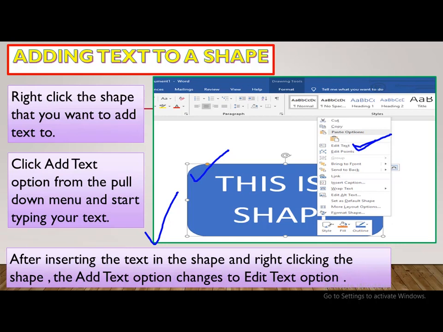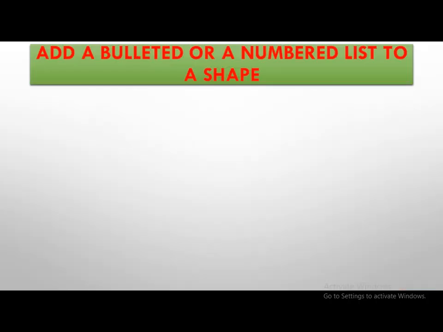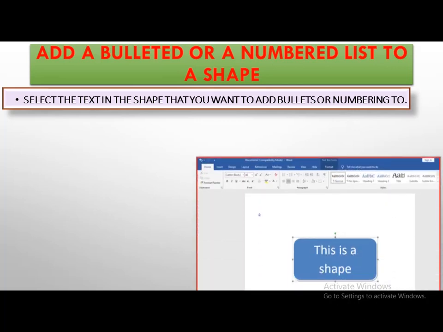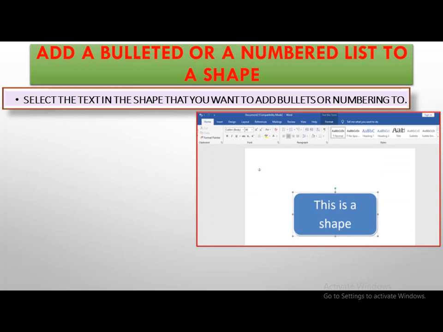Add a bulleted or a numbered list to a shape. Select the text in the shape that you want to add bullets or numbering to. Let us know the steps, children, if you want to add bullets or a numbered list to a shape. Step 1.